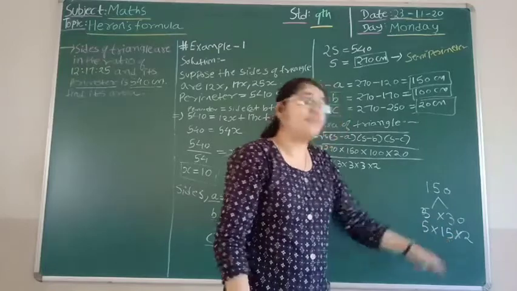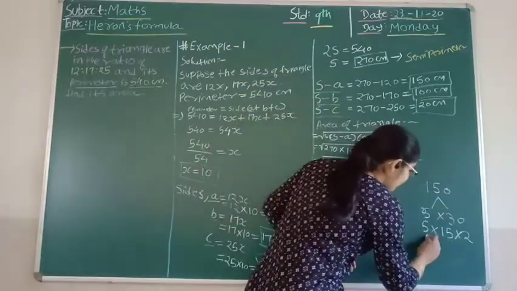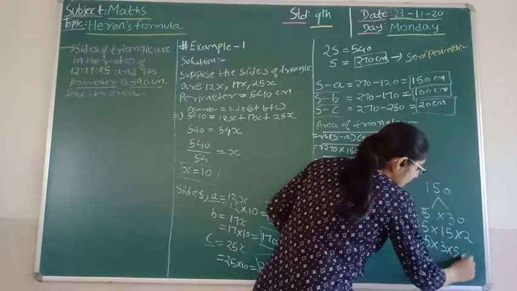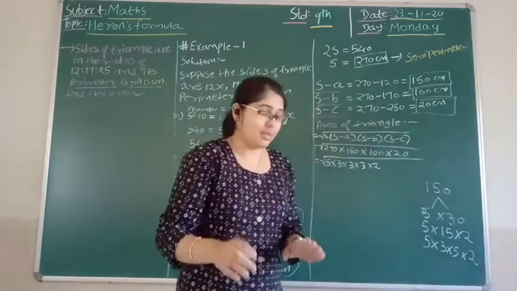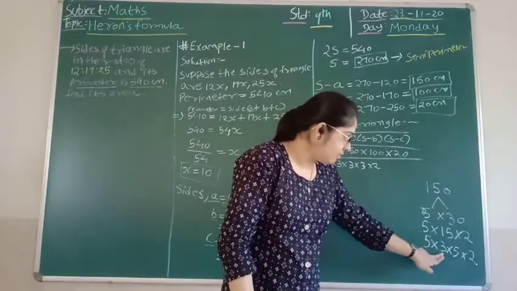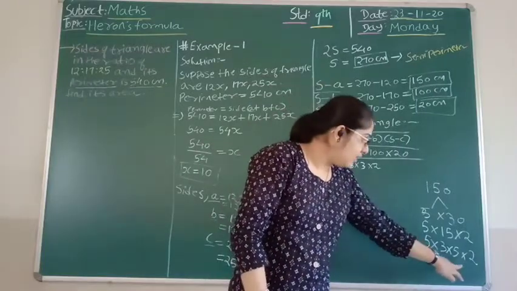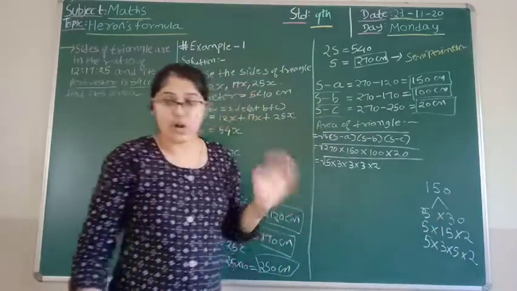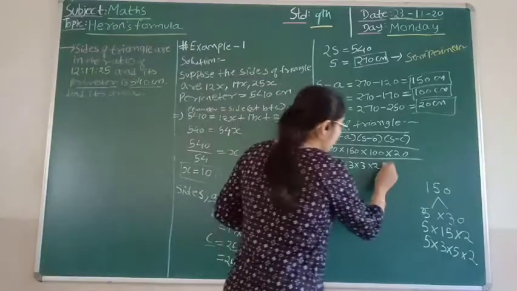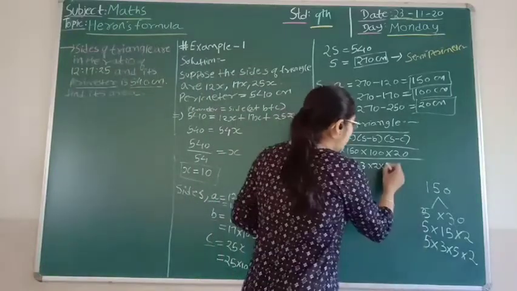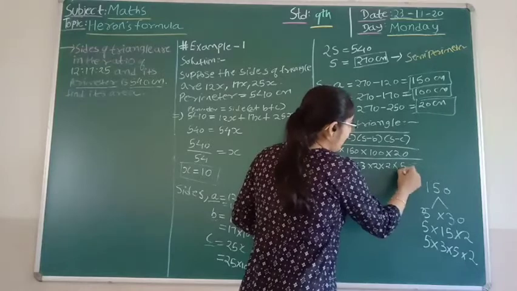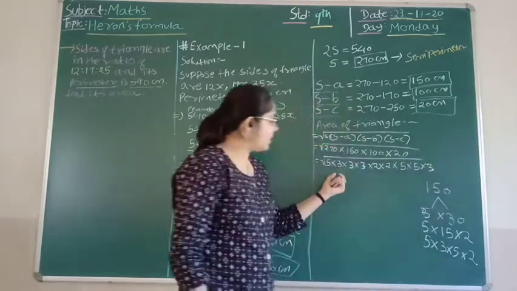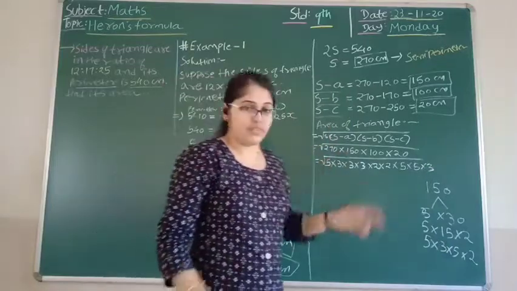If I factorize 15 further, what do I get? 5 multiplied by 3 multiplied by 5 multiplied by 2. Now try to sum this up. 15 into 10 is nothing but equals to 150. First, I write 2 multiplied by 5 multiplied by 5 multiplied by 3. This is the factorization of 150.